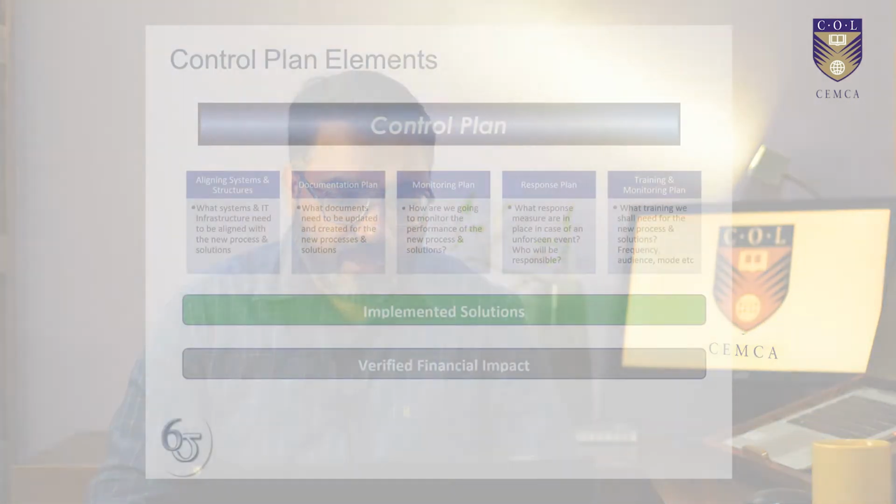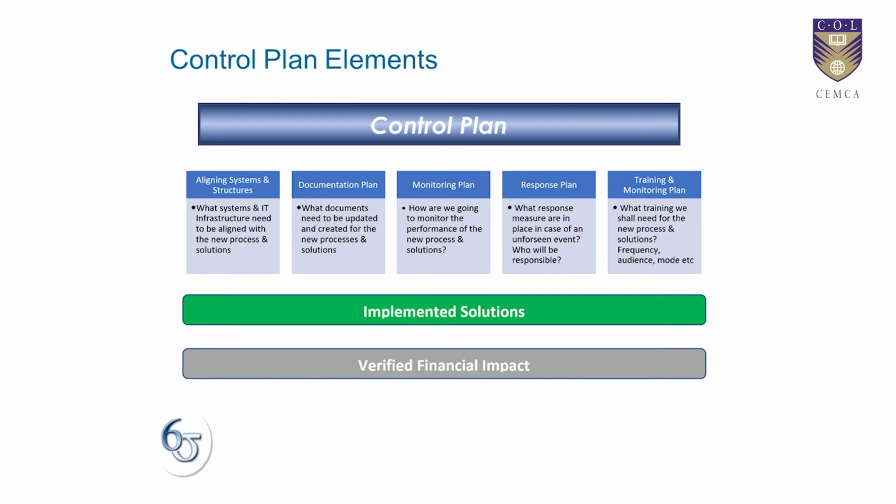If you look at my screen, we are talking about the elements of a typical control plan here. So control plan elements would contain 5 different elements. To start with, we'll have the aligning of the systems and the structure. So before we had started, we would have some systems, some processes, some IT infrastructure.